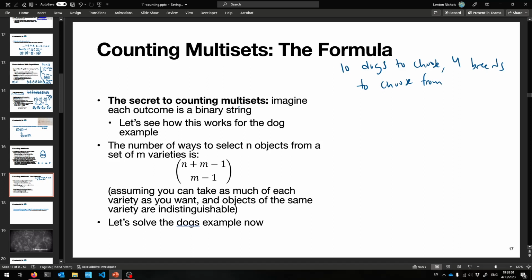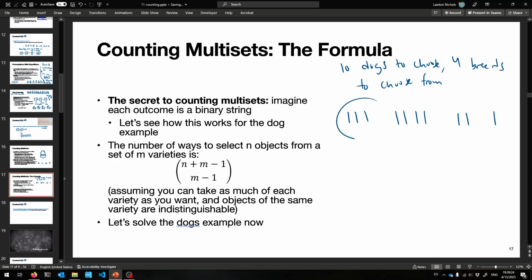Let's say that I would like to pick 3 Golden Retrievers, 4 Labs, and then, let's see, what was next? Chihuahuas. Let's say I want 2 Chihuahuas and 1 Poodle.